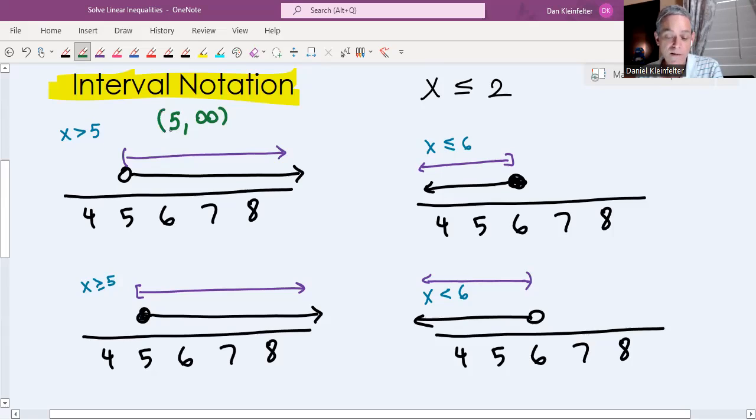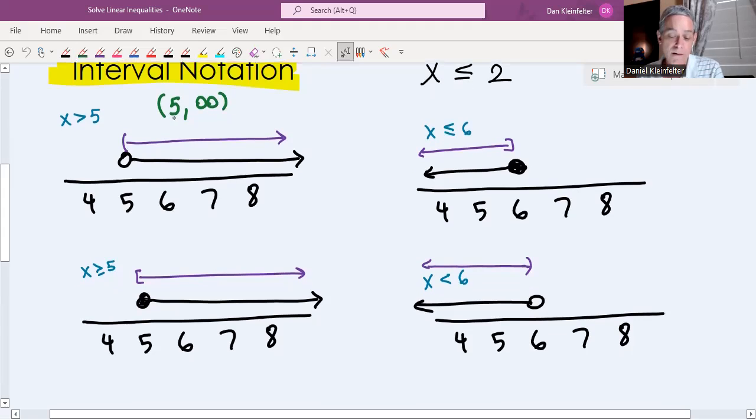On the left side of the 5 there's a parenthesis, just like on the graph. That pair represents the numbers starting at 5 and going up to forever. If 5 is included, like the graph, we'll use a square bracket on the 5 side. So it'll be 5 comma infinity for this one.